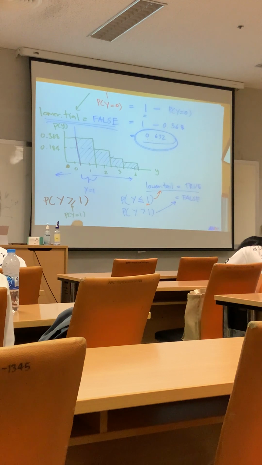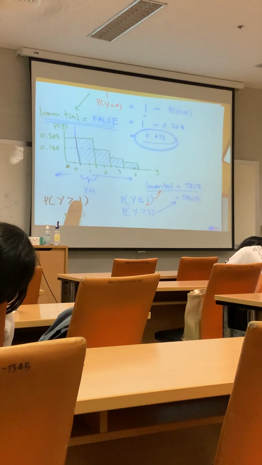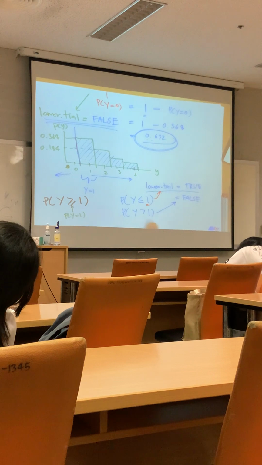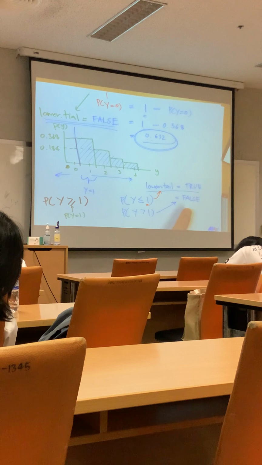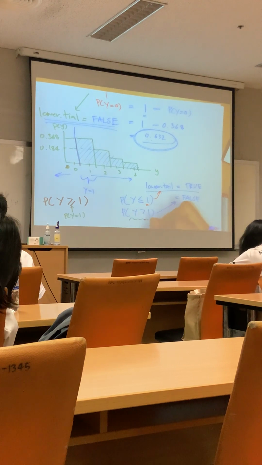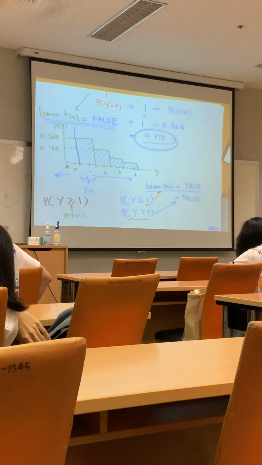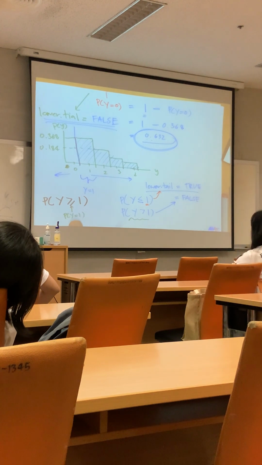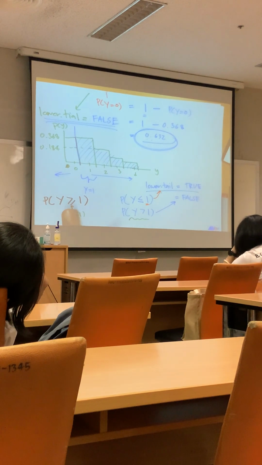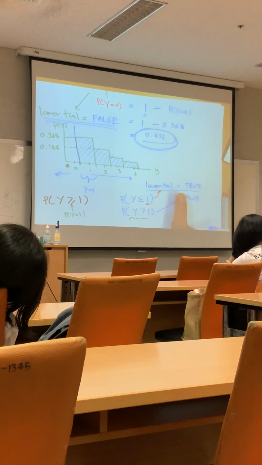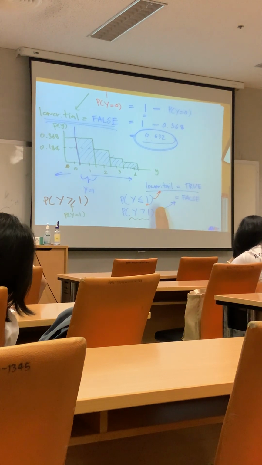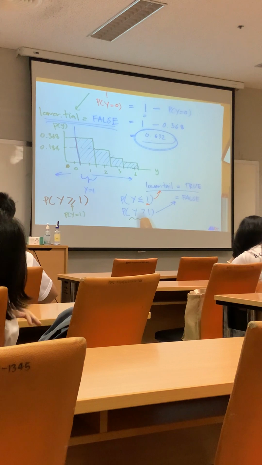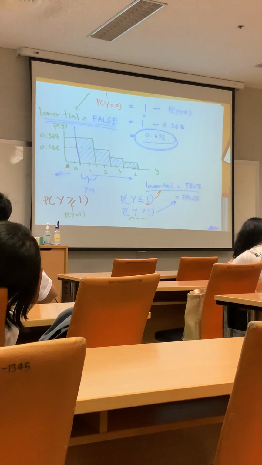If you don't want equality, you may just say y greater than 1 and say lower tail is equal to false, and I can calculate that exactly. But when I want the probability of y equal to 1 included in my answer, I cannot just specify lower tail to be false, because it only includes y greater than 1, but not y equal to 1.